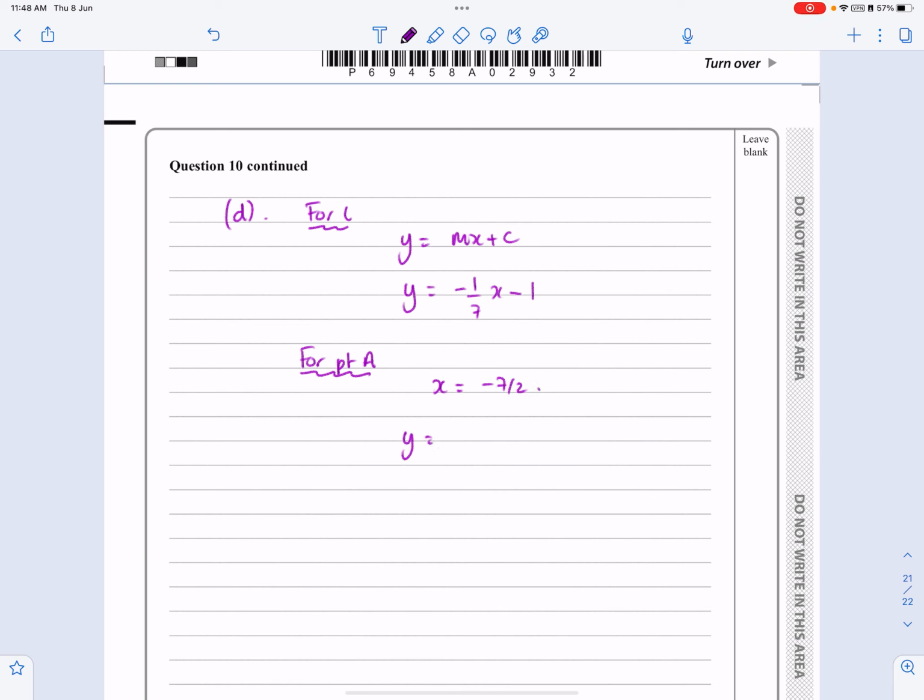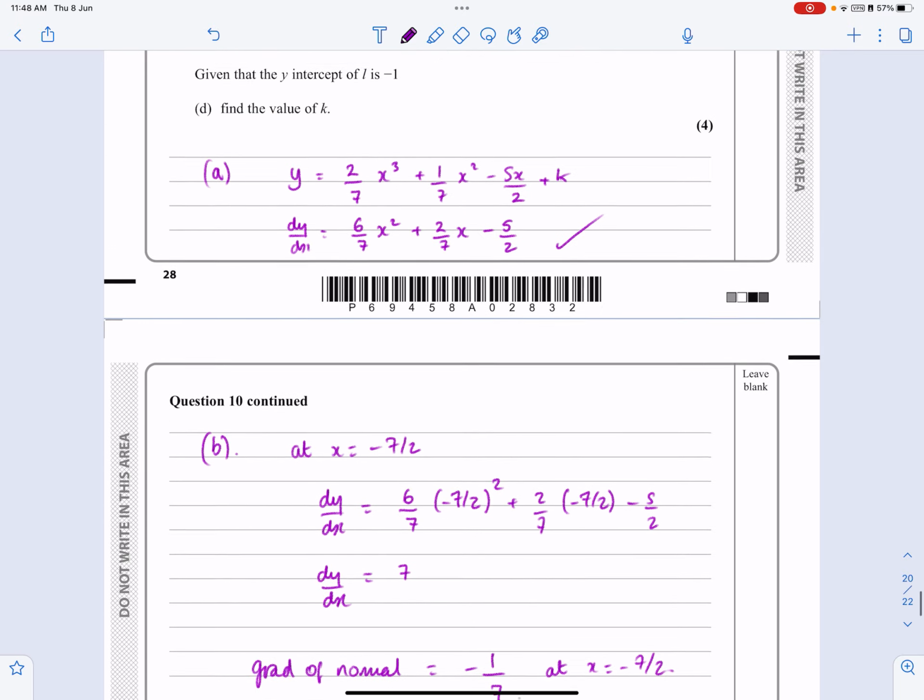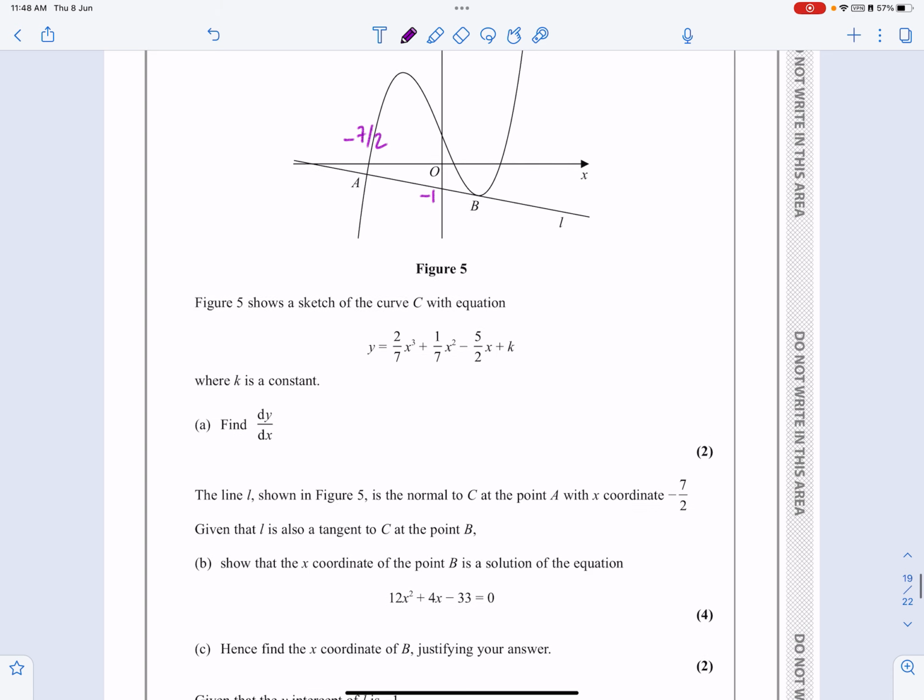So y would equal minus a seventh times minus 7 over 2 minus 1. So y would be the point minus a half. So what I've now got are the coordinates of this point. I now know the coordinates of this point here. It's minus 7 over 2, minus a half.